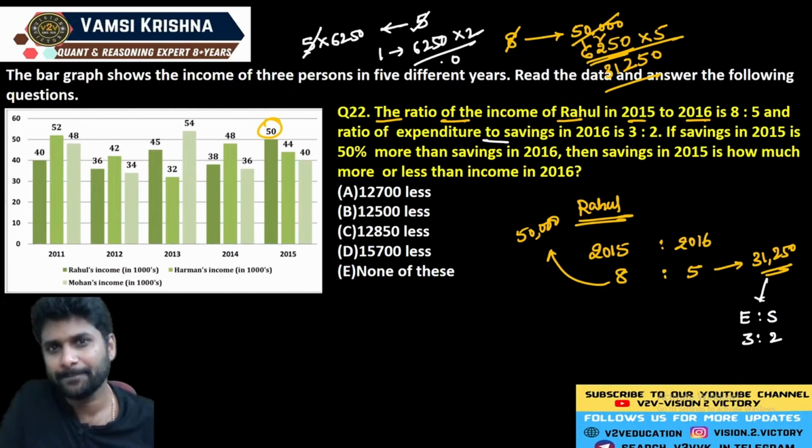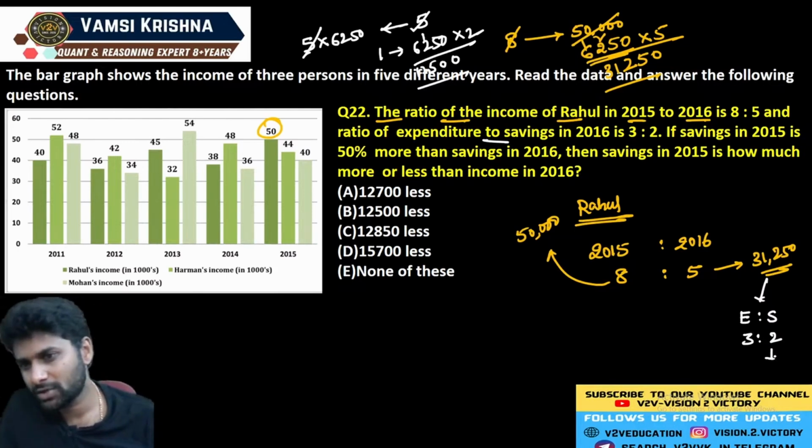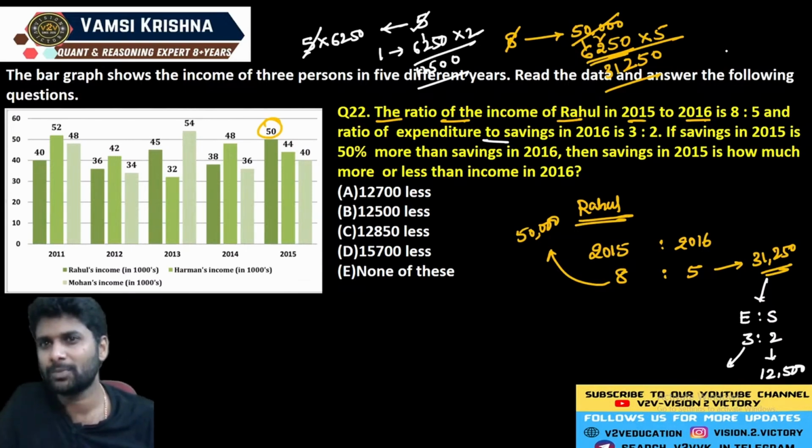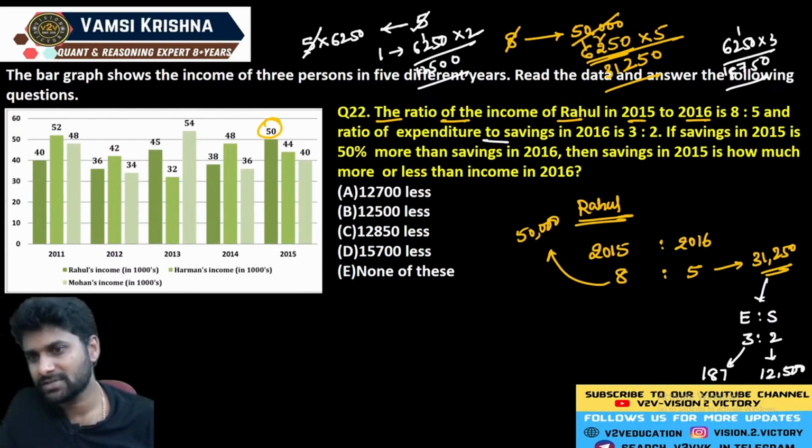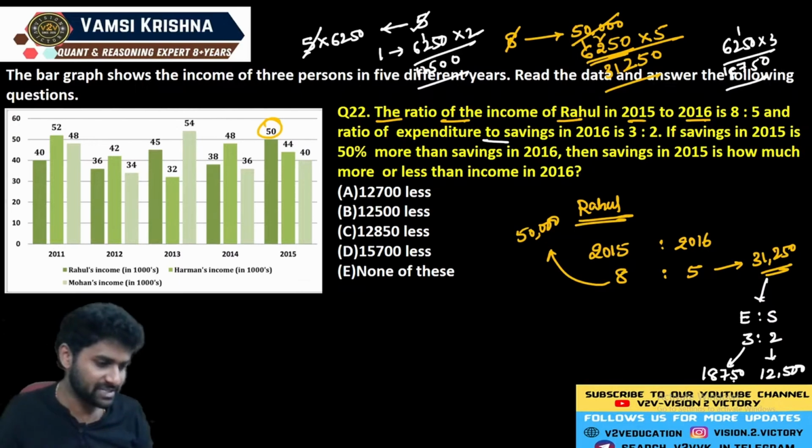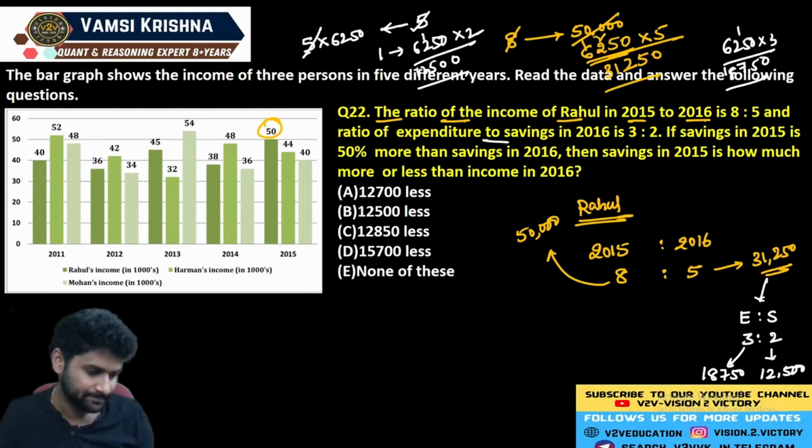Savings is 2 units, exactly equal to 12,500. Now what about expenditure? Multiply 6,250 by 3 times. It's a value of 18,750. Are you clear with the calculation, guys?